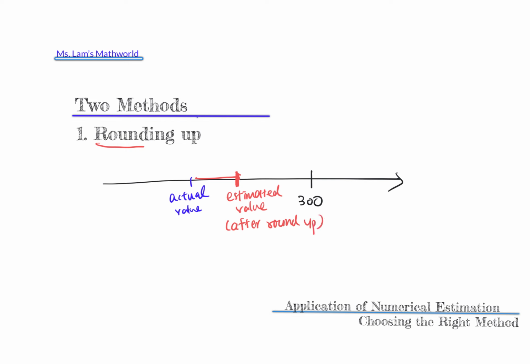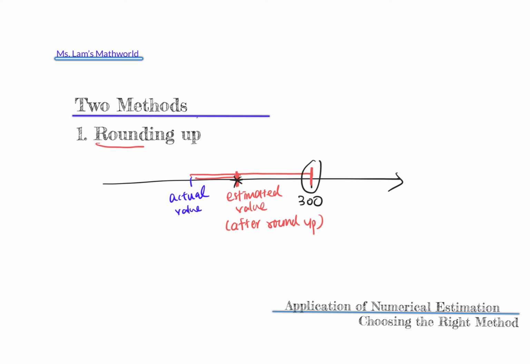So after we round up, if it is still less than 300, or after we round up, maybe the number is not here again, it will become somewhere here. After round up, it is 300. Okay, so we forget about the old one. But now, after round up, it is equal to 300.